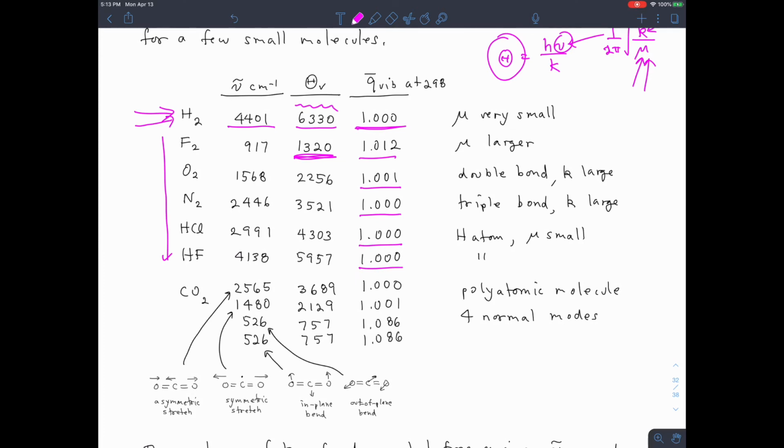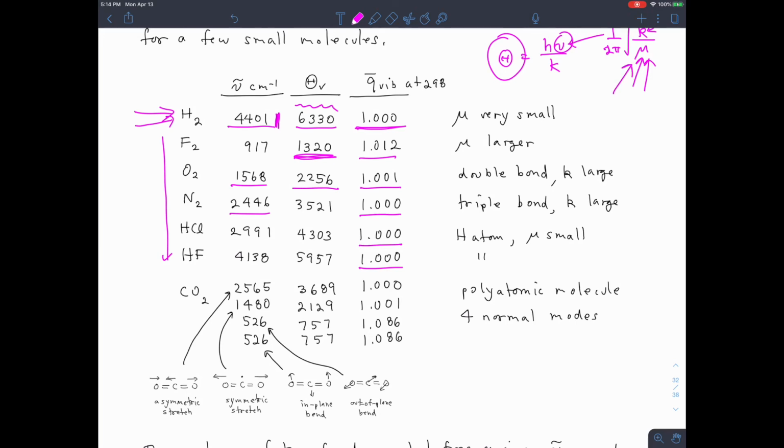If you ignored the vibrational partition function altogether for most molecules, it wouldn't make very much difference in the answer. So for oxygen, it's got a double bond, a strong bond, still 2,200 degrees for the vibrational temperature. Nitrogen's got a triple bond, so pretty high vibrational frequency, not as high as H2, notice, because H2 has that very small reduced mass.